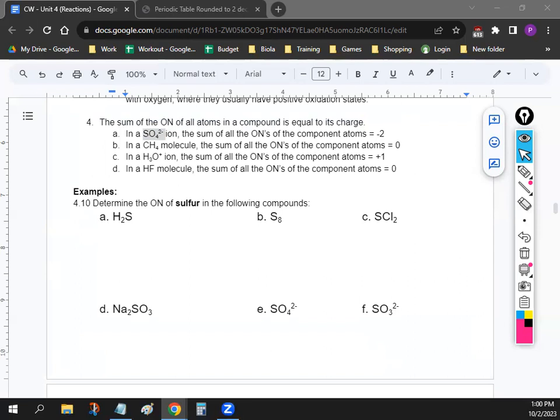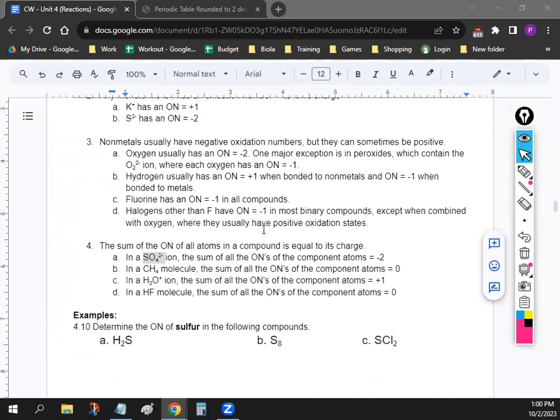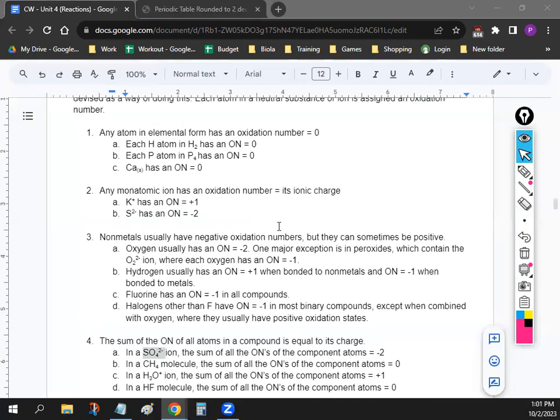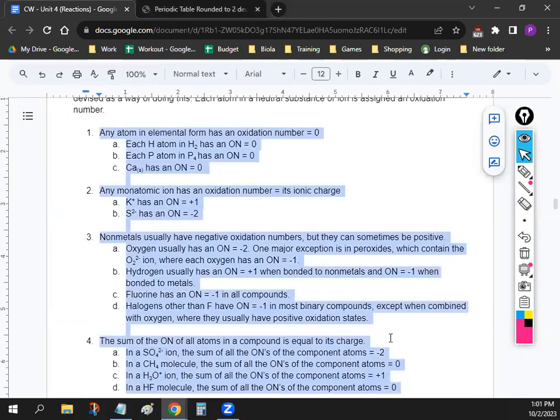Any questions on any of these rules? Any clarification that you need? My recommendation is, as we do these next couple practice problems, have these rules open on your Chromebook and look at the problems on the screen. That way you can refer to the rules as we do the problems, okay?